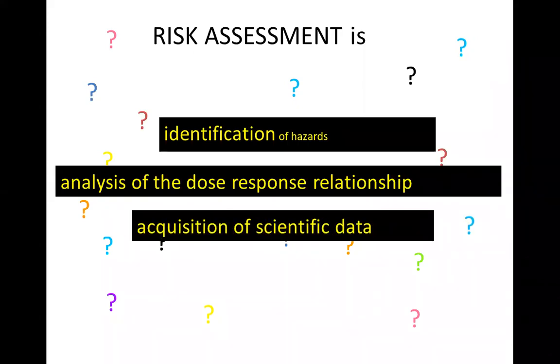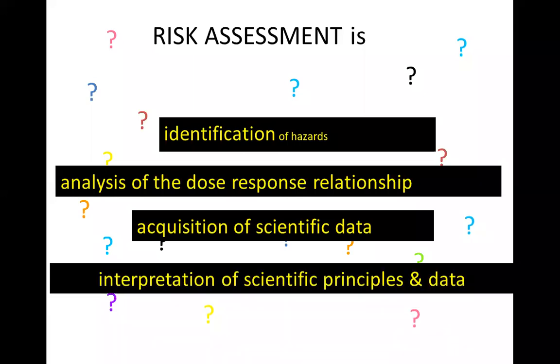Acquisition of scientific data, and that's simply to say, if there's a way to collect that data, you collect it, right? So if you're looking at suicide and at-risk youth, then you figure out how you're going to actually quantify that data, right? Not qualify it. And then you interpret the principles in the data. So those are your main steps in a risk assessment.